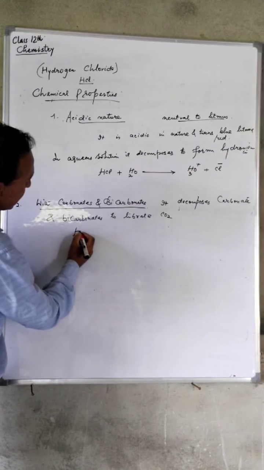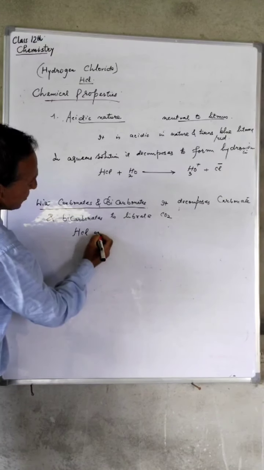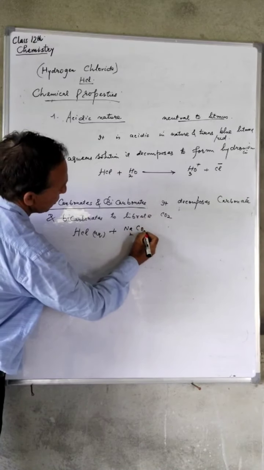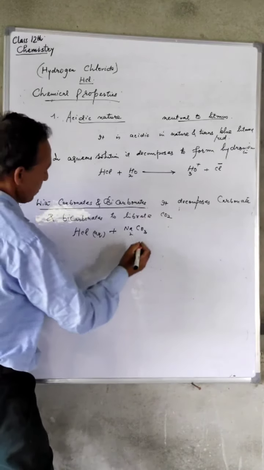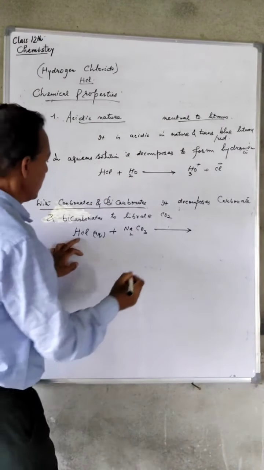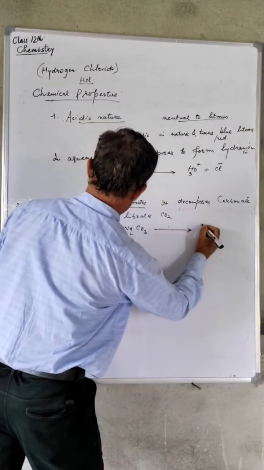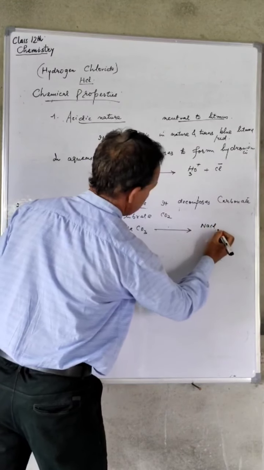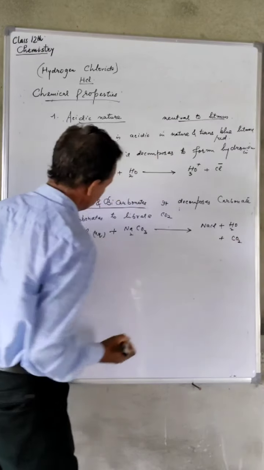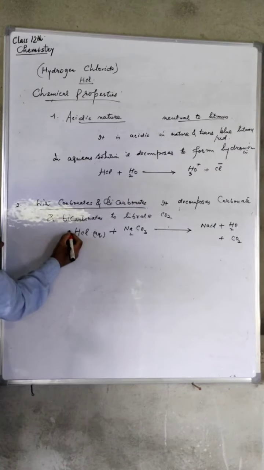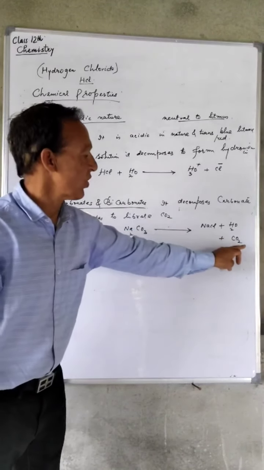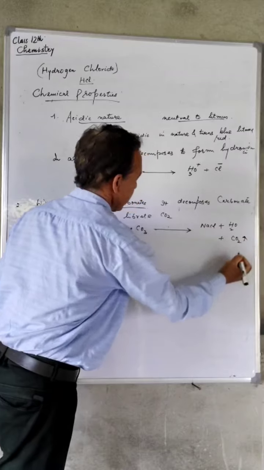So with HCl in aqueous solution, when we take Na2CO3, it forms 2NaCl plus H2O plus CO2, carbon dioxide is liberated.